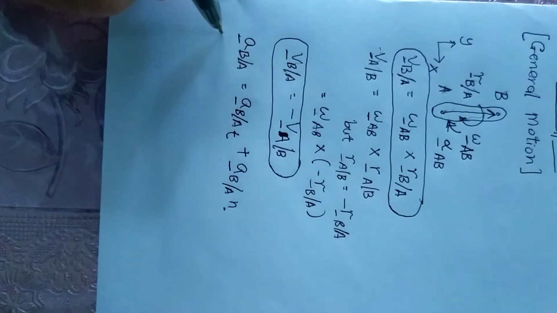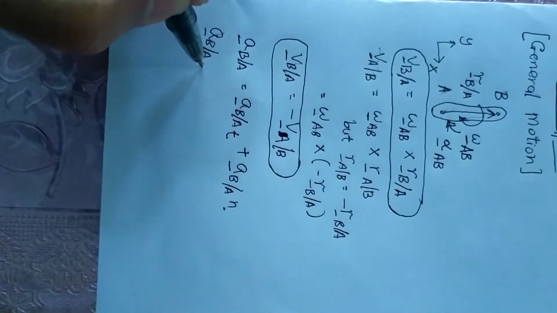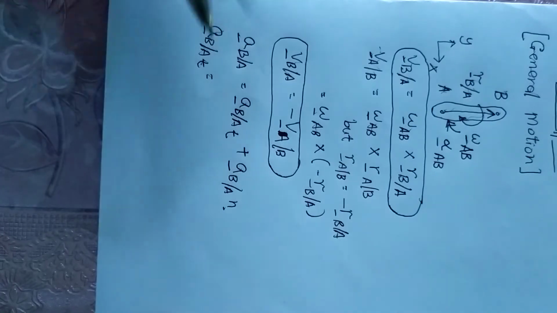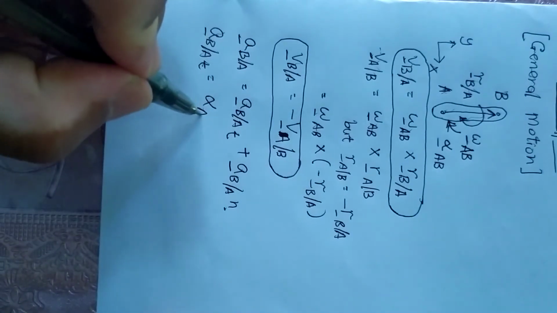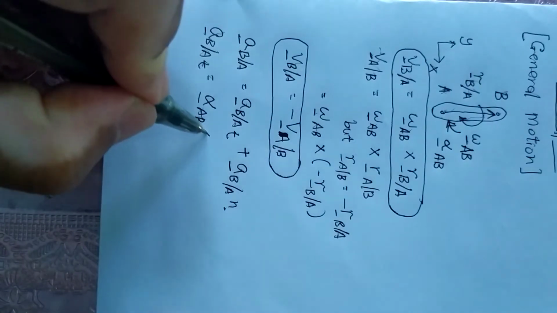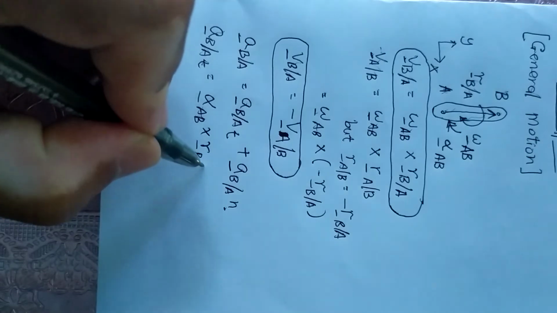The tangential component is given by alpha AB cross the position vector of B relative to A.